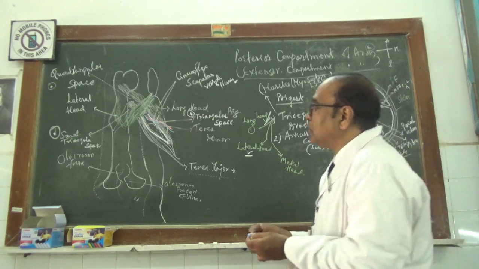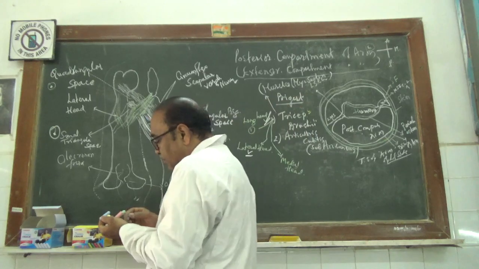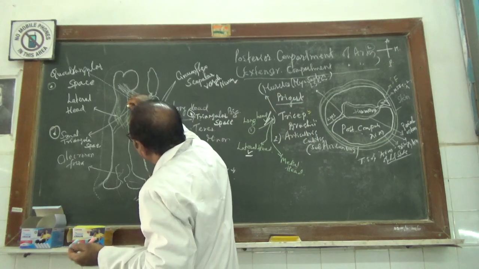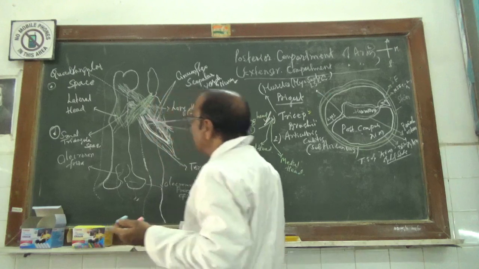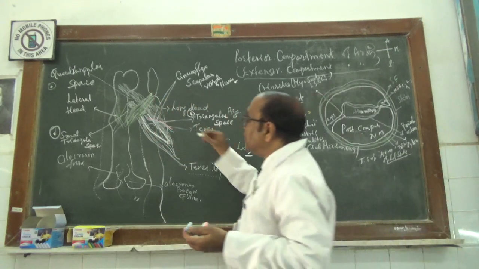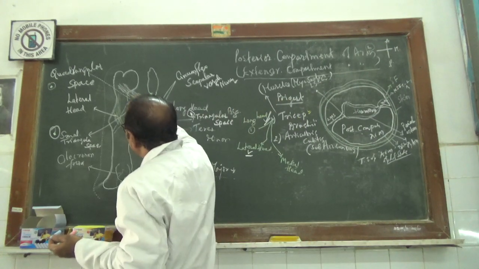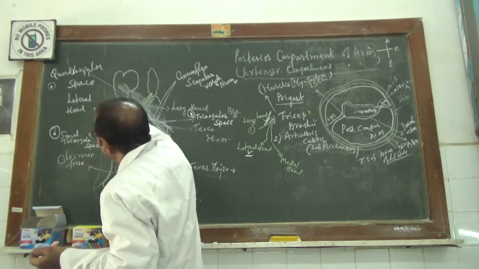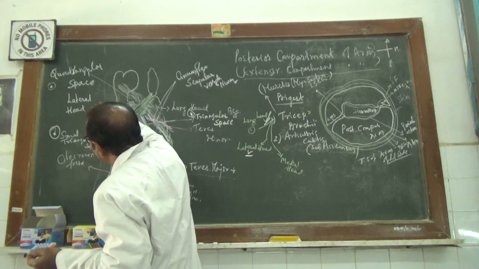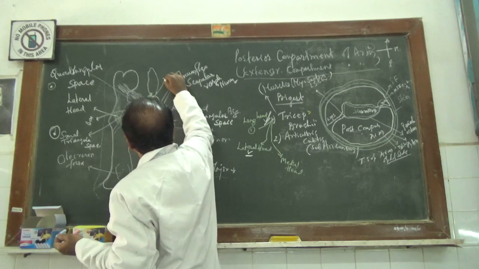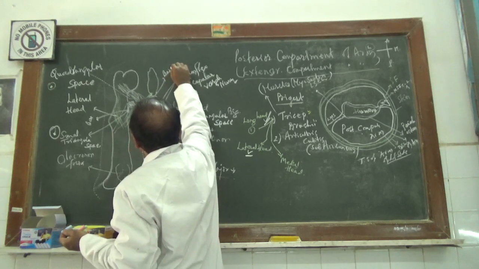This is the small triangular space. The base is directed straight towards the lateral end, and it is formed by the medial aspect of the upper end of the humerus.